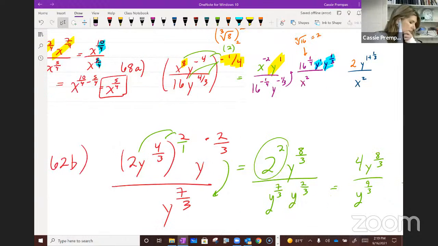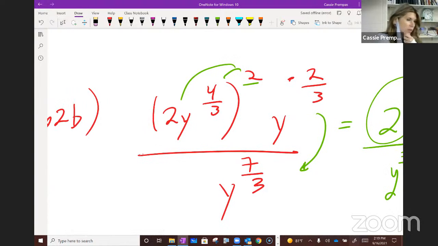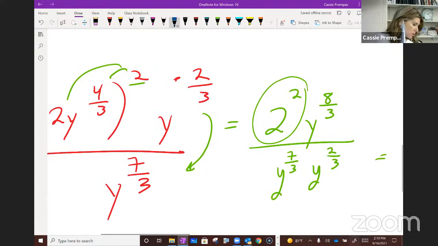All right, guys, 62B looks like this. It's a good one. First thing we have to do when you take two numbers and raise them to an exponent is apply it to both. So this is going to become 2 squared y to the, when you raise an exponent to an exponent, you multiply. So 4/3 times 2/1 is going to create 8/3. Then I had y to the negative 2/3 on the top, but I want to bring that to the bottom so I can make it a positive exponent. So you see in my work here, I now have y to the 7/3 and y to the 2/3 in the denominator.